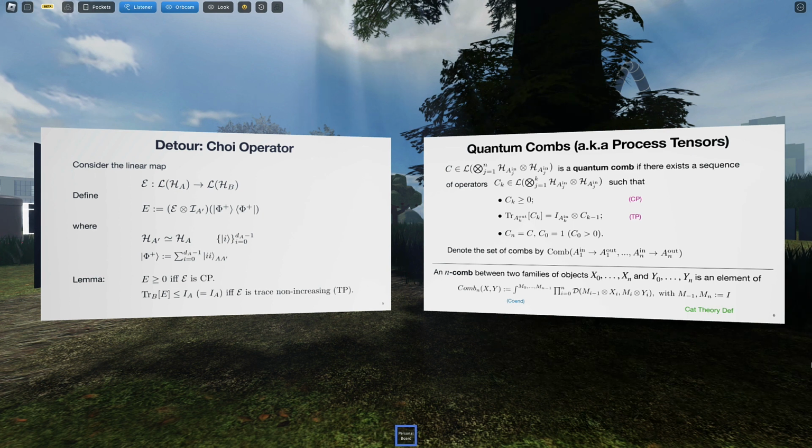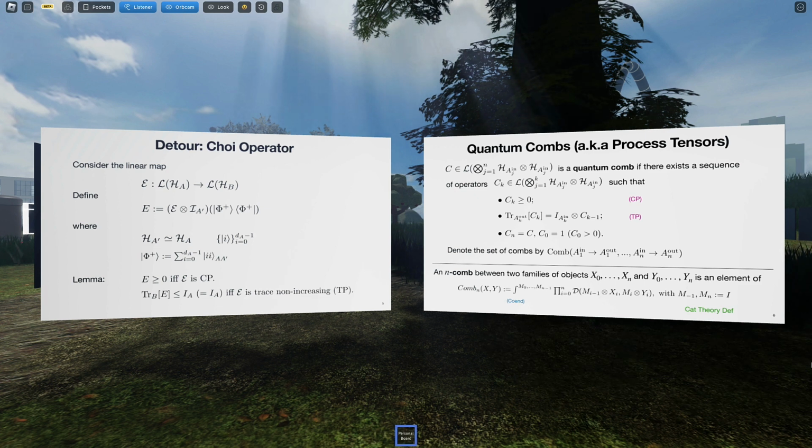Some interesting properties of this resulting operator, the non-calligraphy E that's written on the slide here: we can map properties of the channel E, the calligraphy E, to properties of this non-calligraphy E. So for example, if non-calligraphy E is positive semi-definite, this is the case if and only if our original map is completely positive.